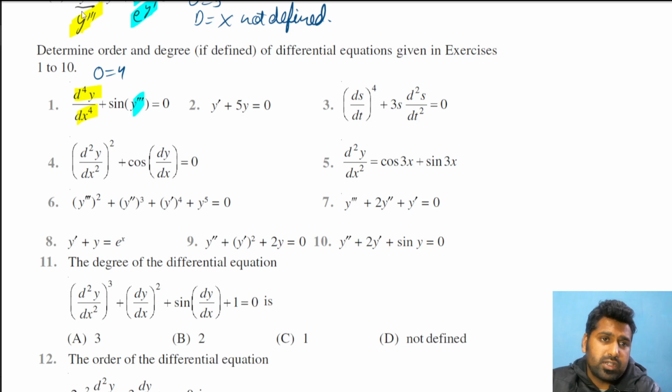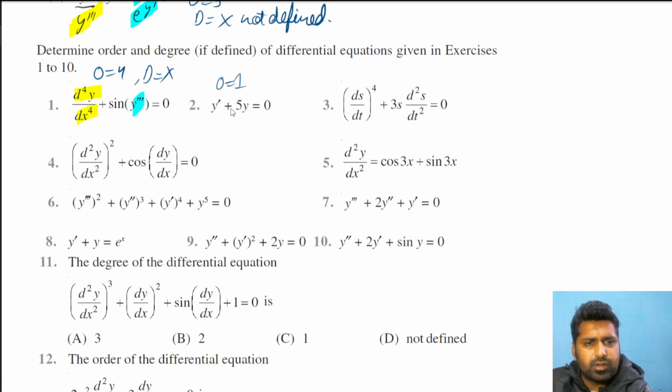I told you this is not possible, so degree is not defined. Next one, y dash plus 5y. So y dash means single order derivative, so order is 1. Is there any term of y dash or y double dash with negative or fractional power or inside log, trigo? No. So degree is defined, and degree is 1.